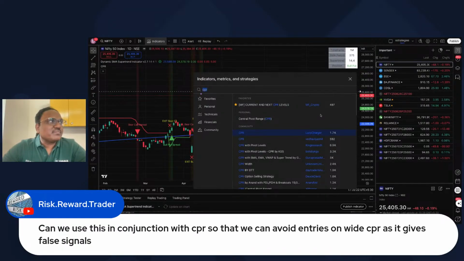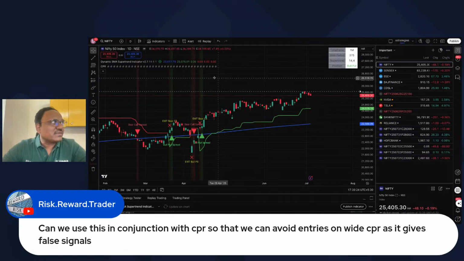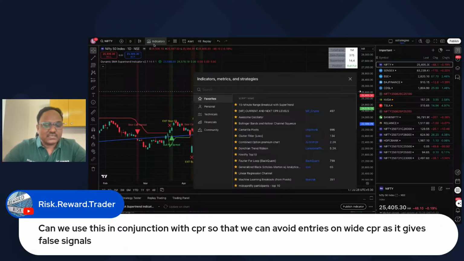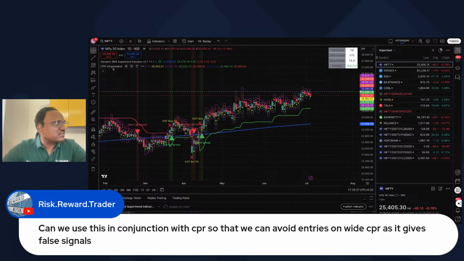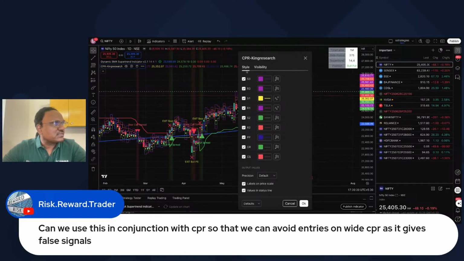So you can actually, CPR is very beautiful. CPR with the pivot levels. Oh my God, so many. Why are there so many?